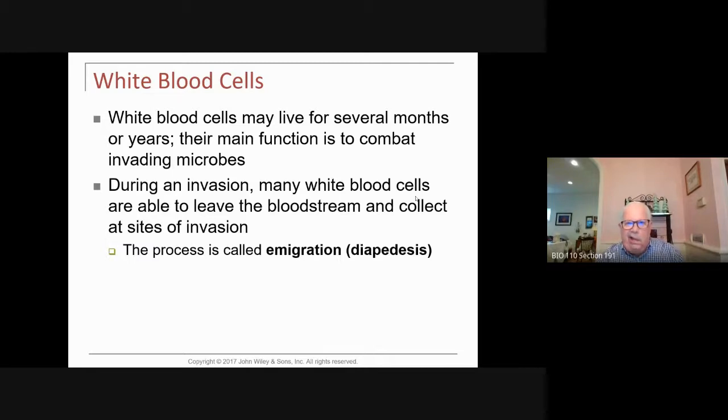You get swelling, you get heat, you get redness, and you get pain because the white cells have left the bloodstream to kill the bacteria that was on that nail. So the 4 signs of infection, which we'll talk about again in chapter 22, are heat, redness, swelling, and pain. Those are the 4 signs of infection.